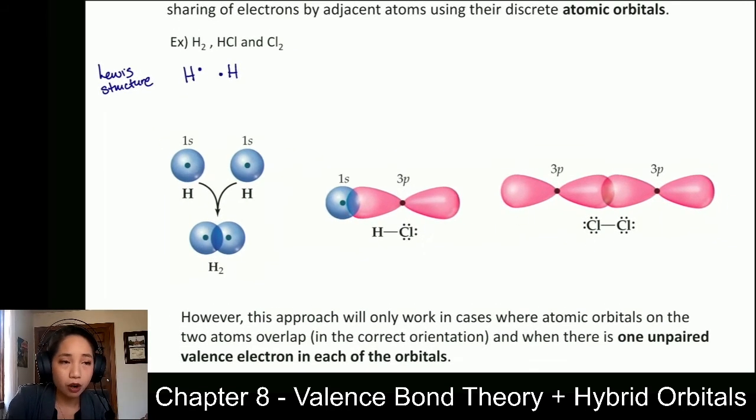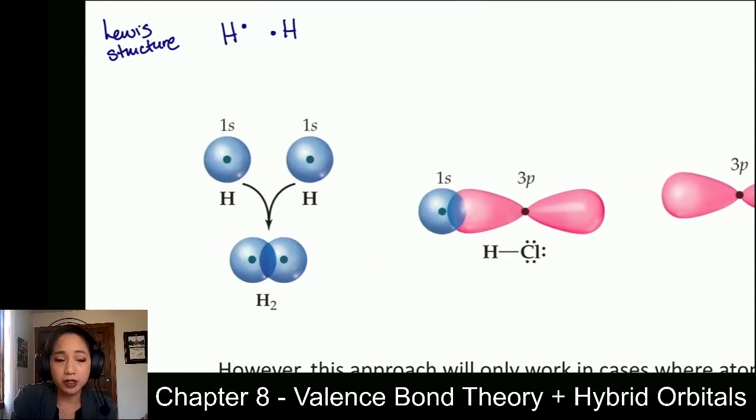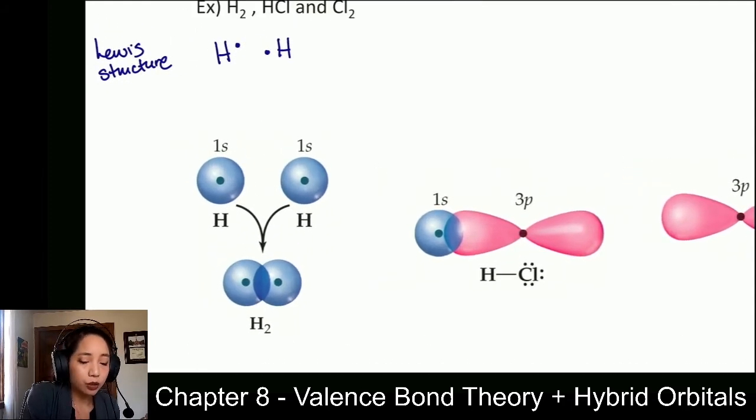With our first step of using valence bond theory, let's draw the Lewis structures for these atoms. In this first example, we have diatomic hydrogen. The two hydrogen atoms share their two electrons to produce a bond, and that bond has two electrons in it.